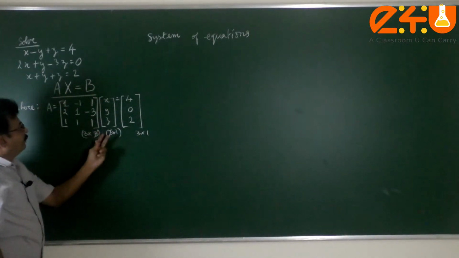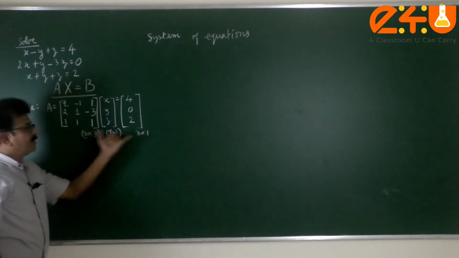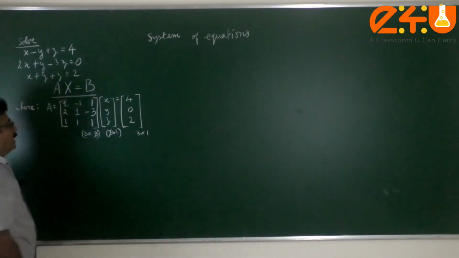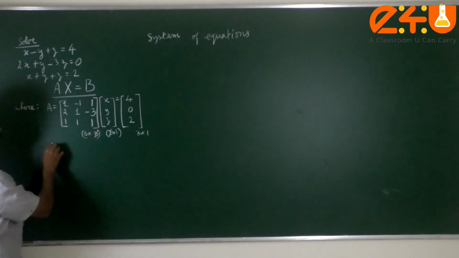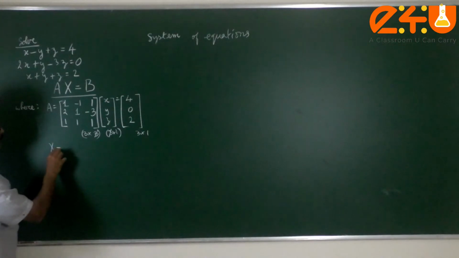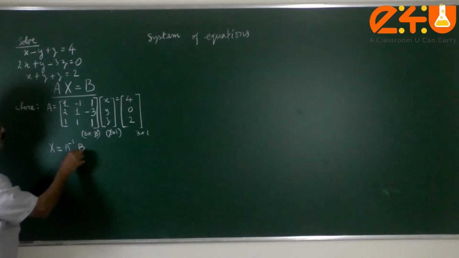So after removing them, the resultant matrix order is 3 by 1. And then from AX equal to B, we have X equal to A inverse times B.